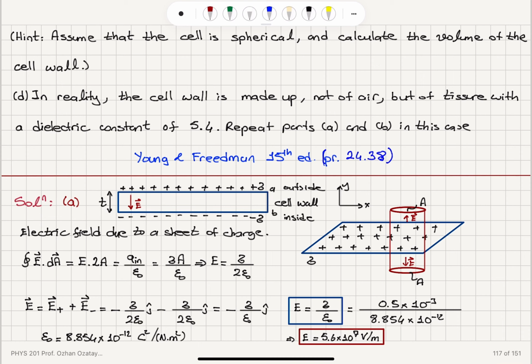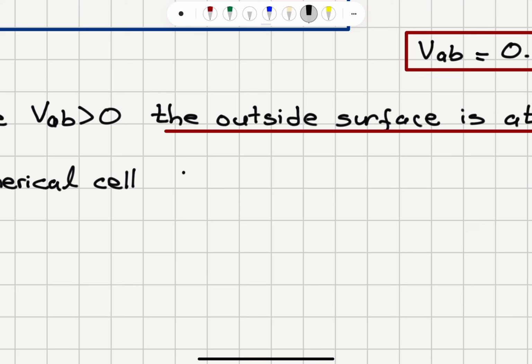All right, so in part C, we have a spherical cell. We're assuming that the cell has a perfectly spherical shape, so that its volume, the volume of the cell, is equal to 4/3 pi radius capital R cube.